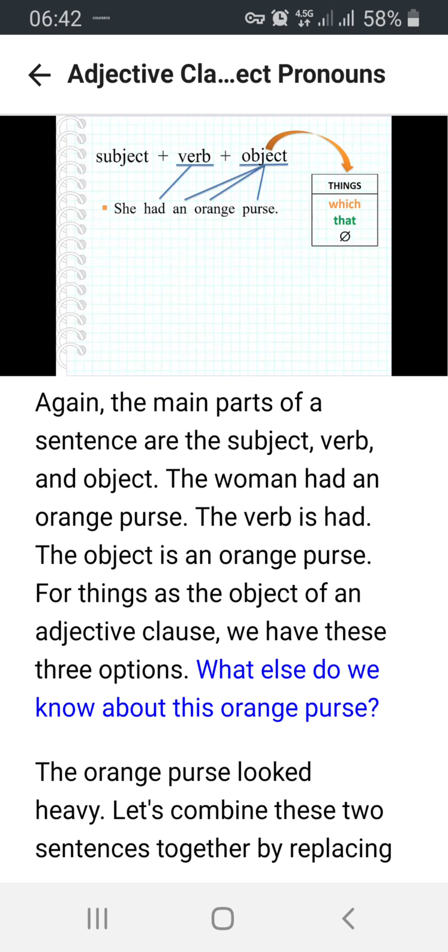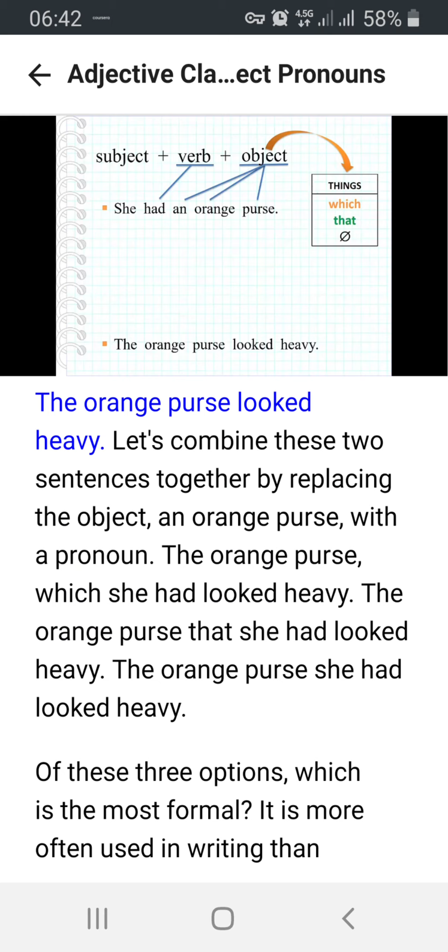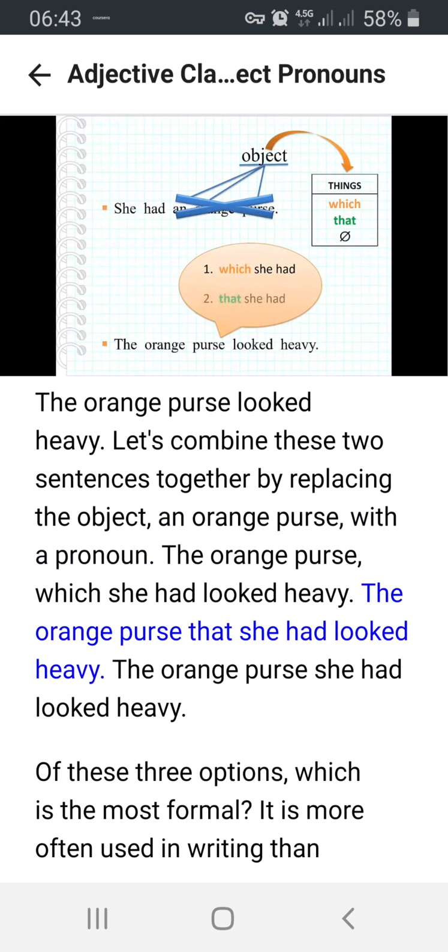What else do we know about this orange purse? The orange purse looked heavy. Let's combine these 2 sentences together by replacing the object, an orange purse, with a pronoun. The orange purse which she had looked heavy. The orange purse that she had looked heavy. The orange purse she had looked heavy.